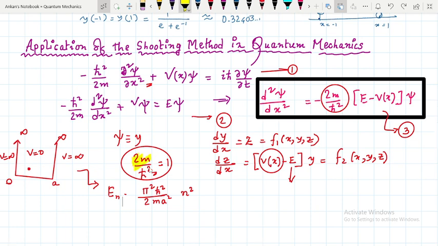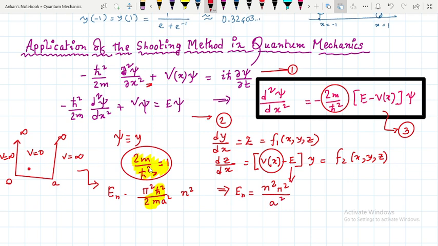But I have already chosen the scaling 2m by h-bar square equal to 1. So choosing this, 2m by h-bar square becomes 1, and we get the energy eigenvalue to be n square pi square divided by a square.